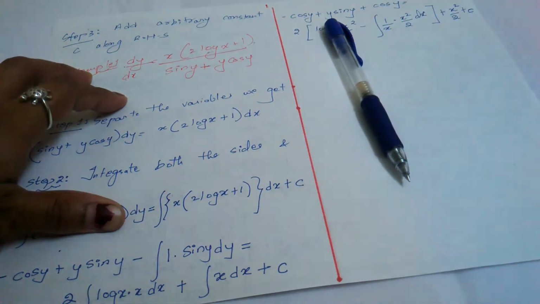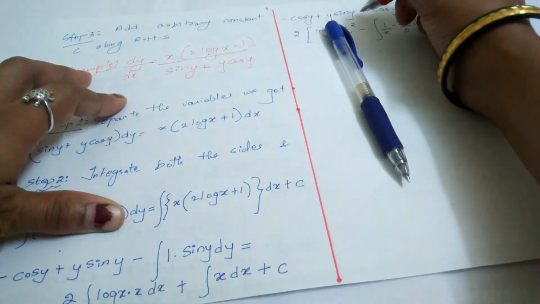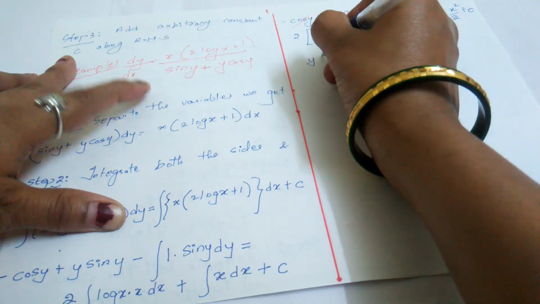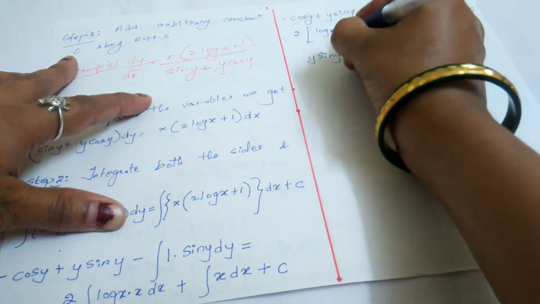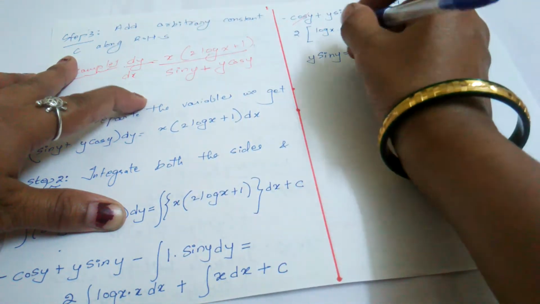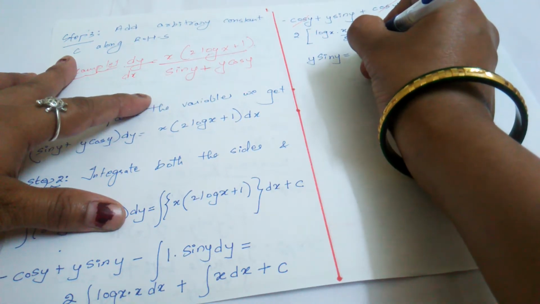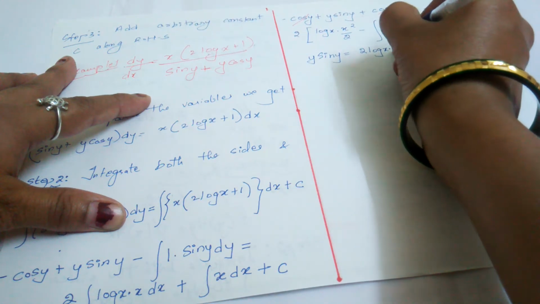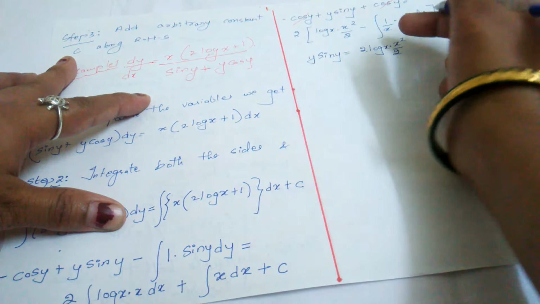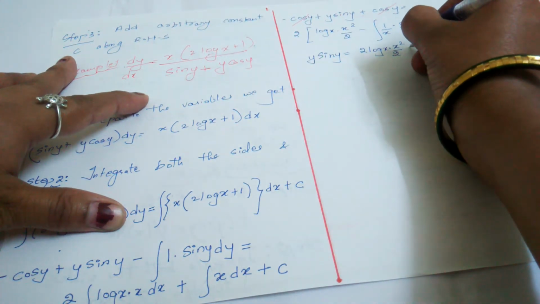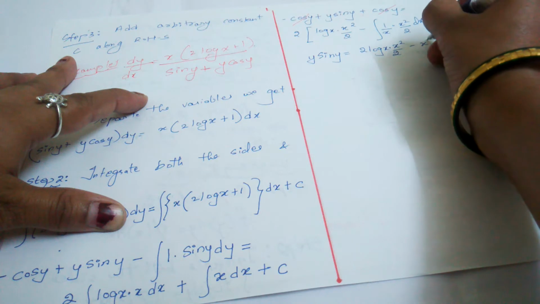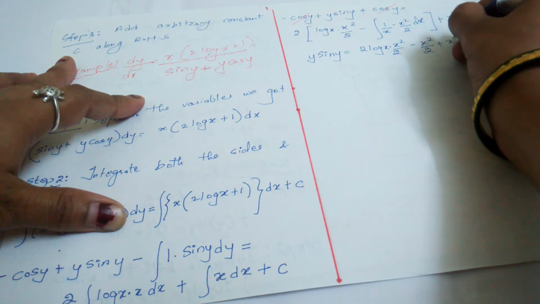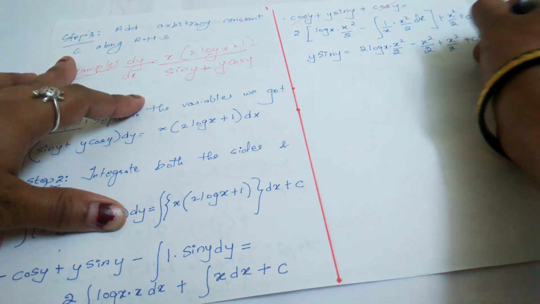Now this term and this term go away, so we get y sin y is equal to 2 log x into x square by 2, minus x square by 2 plus x square by 2, plus c.